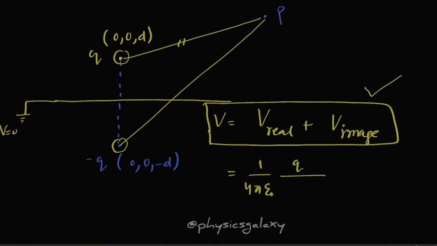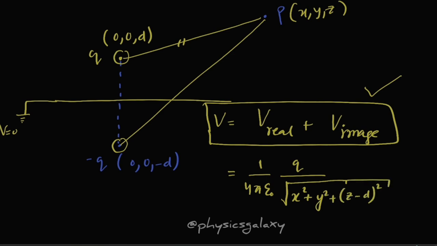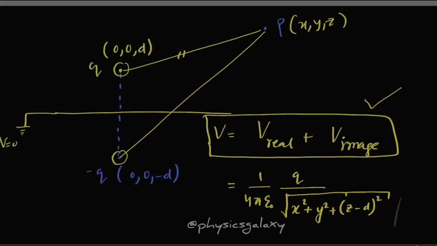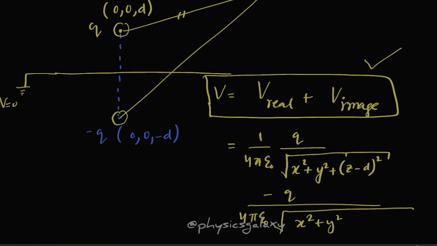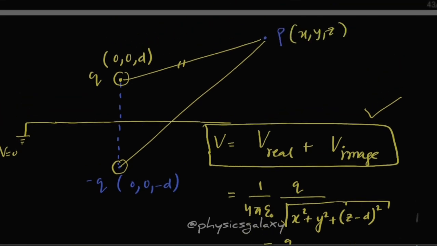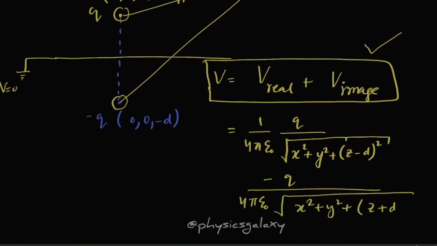If the coordinates of the point are x, y, z, then this is the square root of x square plus y square plus (z minus d) whole square. And the potential due to the imaginary charge is simply minus q divided by 4 pi epsilon naught times the square root of x square plus y square plus (z plus d) whole square.